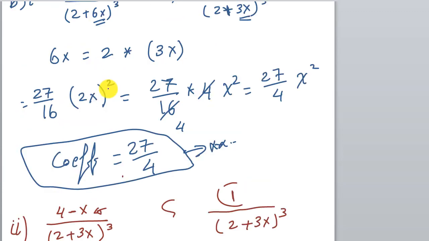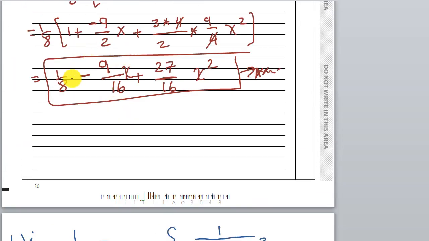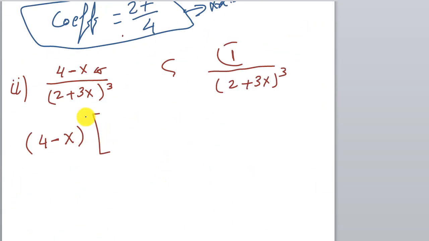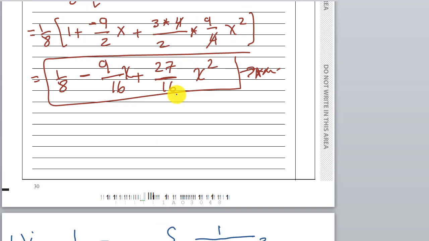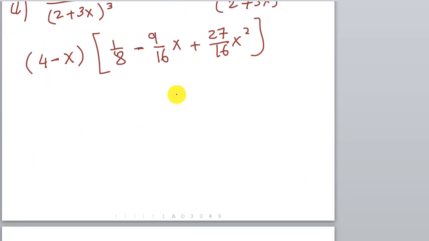Multiplied by now the total part that we calculated from here: 1/8 minus 9/16 x plus 27/16 x squared. Which is what? This part, 27 over 16 x squared.